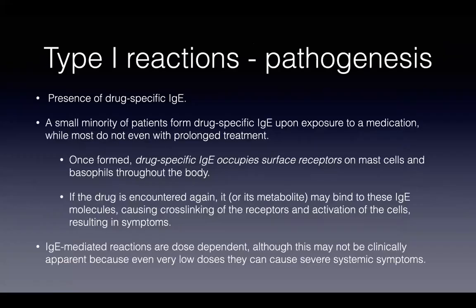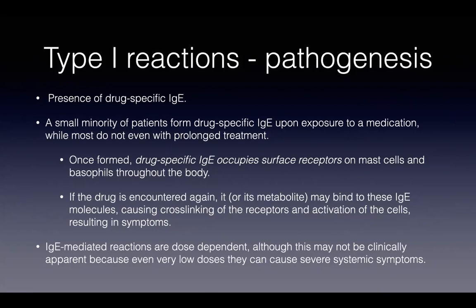Moving to the next slide, a little more about the pathogenesis. It happens in the presence of drug specific IgE, but only a small minority of patients develop drug specific IgE upon exposure to a medication, while most do not have prolonged treatment. That means there must be an interruption in the treatment, and that triggers the subsequent exposure. Once the antibody is formed, the drug specific IgE occupies the surface receptors on mast cells and basophils throughout the body.